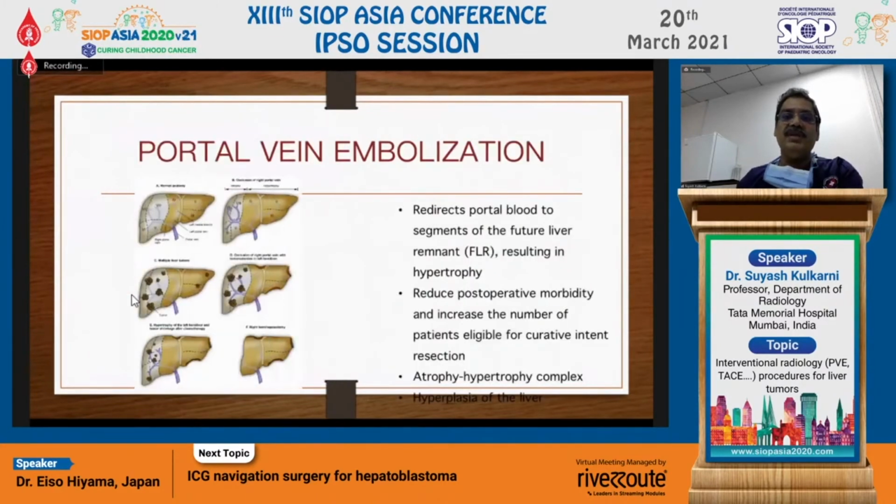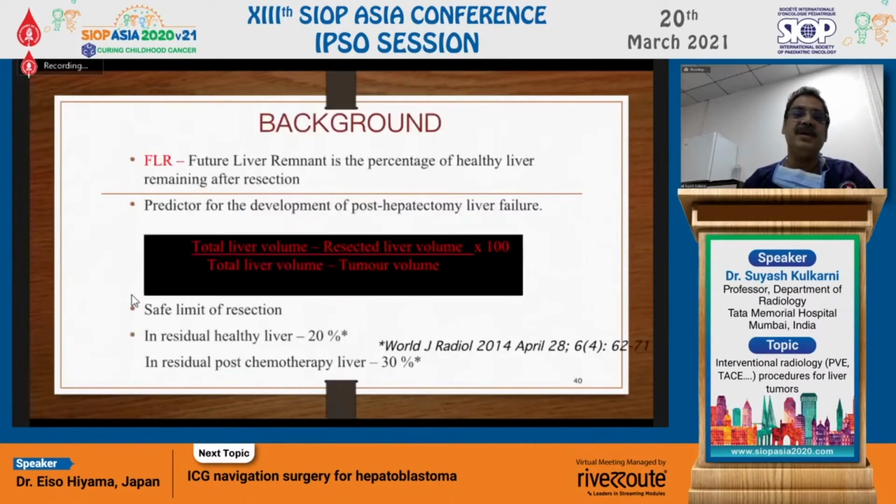Coming to portal vein embolization, as was highlighted by the previous speaker, whenever we encounter that the future liver remnant may not be adequate for the definitive hepatic resection, the portal vein on that particular side is embolized so that the opposite side or the rest of the liver hypertrophies, and we get an adequate future liver remnant so that the patient can sustain a major hepatic resection.